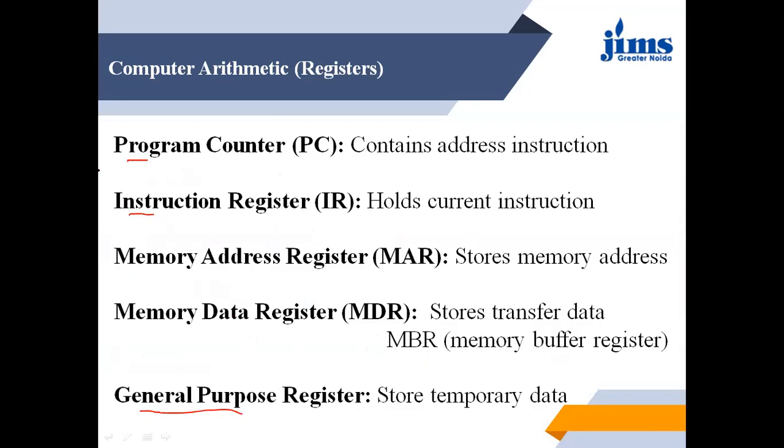Program counter is used to contain the address of instructions, that is where the operations have to be performed or what the operation has to be performed. Instruction register holds the next instruction.